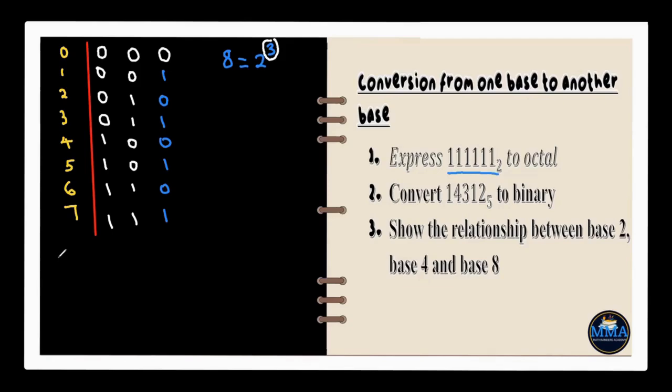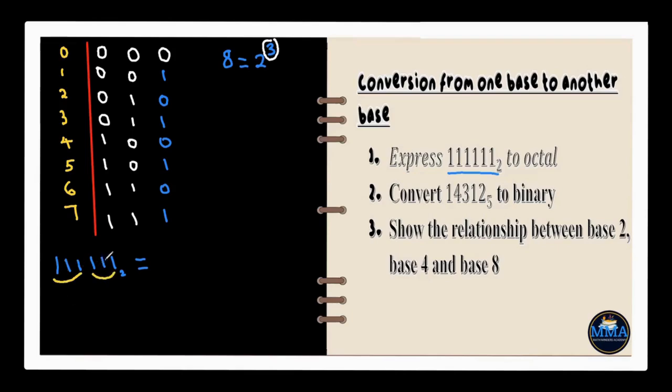Now, let's go back to this conversion here. I am given 1, 1, 1, 1, 1, 1 in base 2. I want to convert it to base 8. What will it be? I'm going to group this number in 3s. The first 3 is 1, 1, 1.